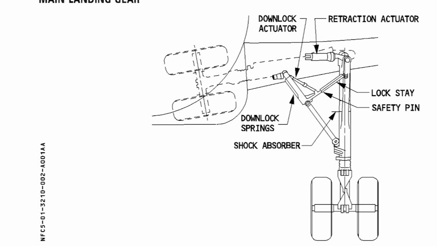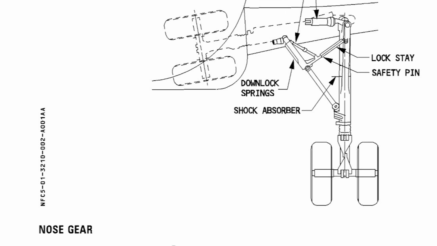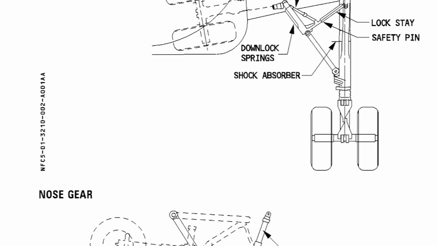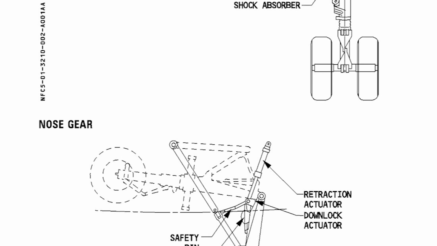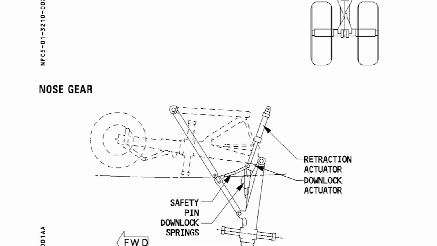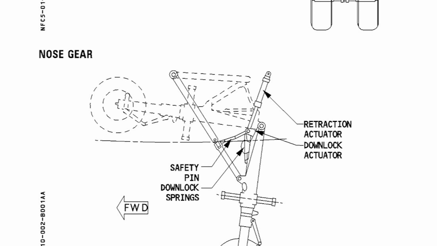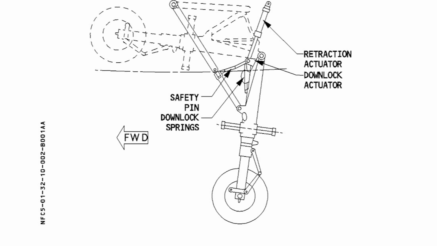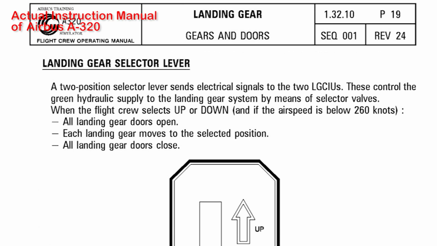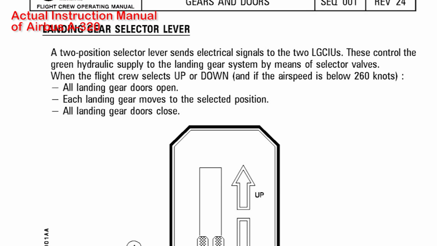Now, if you talk about the landing gear, it opens up via gravity. After the doors open and the hydraulic system allows it to be released, the wheels open up with gravity and they are locked into position. This is the switch of the landing gear.